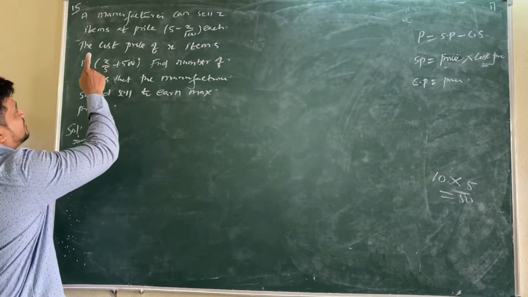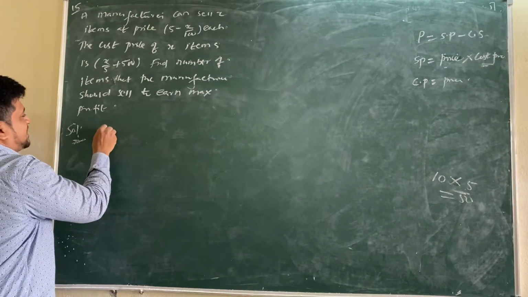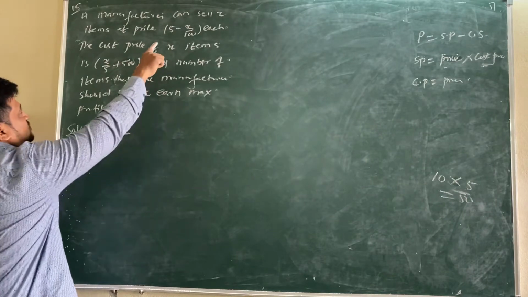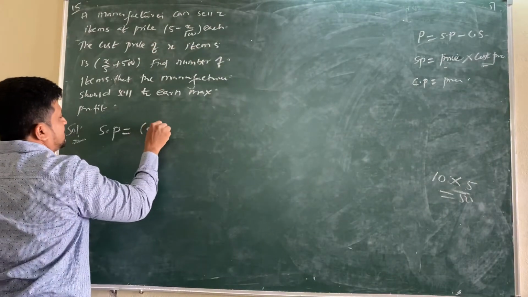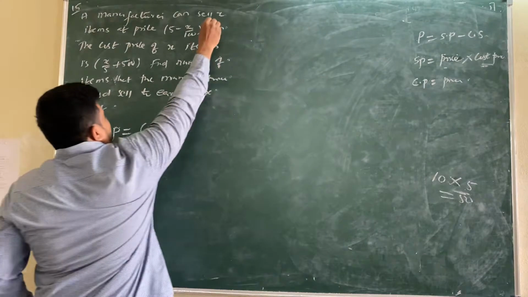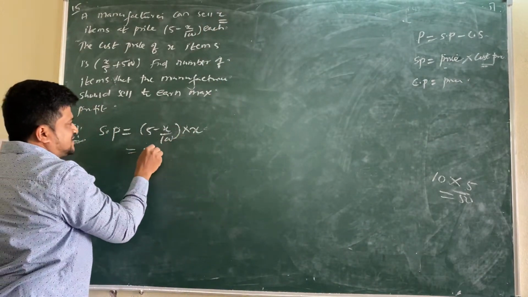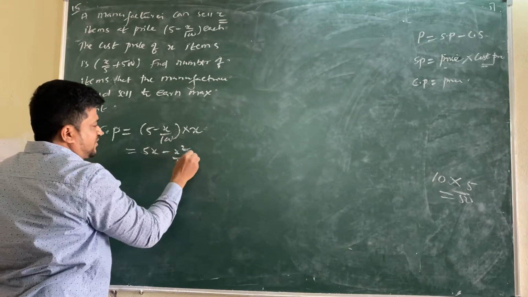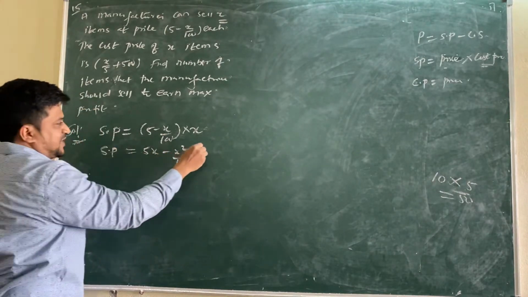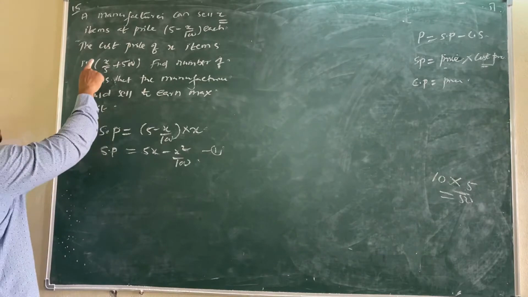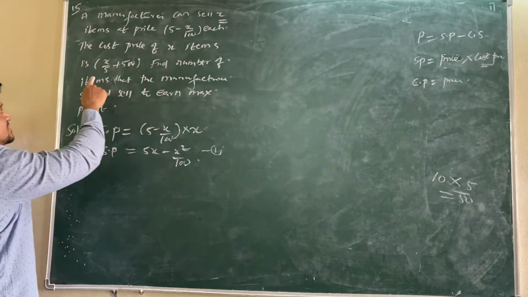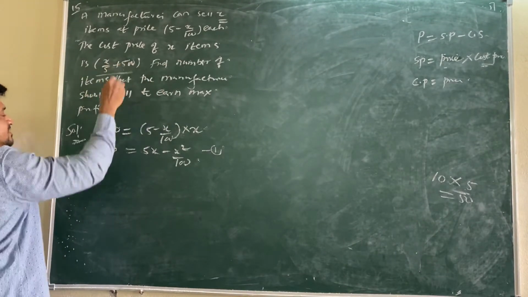So first thing, whatever they have given, first we will write selling price equals to this price is given. How many items are there? X is there, so x we have to multiply. So we will get selling price by multiplying both of them. You need to remember this selling price first one. Then the cost price of x items is already given here.